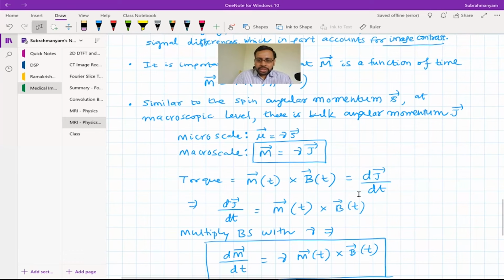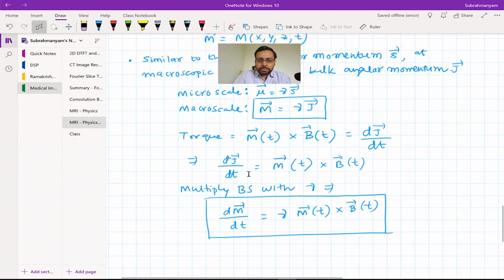Here j is the angular momentum at the macroscopic level, so dj bar by dt is equivalent to torque. How can you give a torque when you are applying a field b bar on a vector m bar? The cross product of them would give you the torque. So dj bar by dt is equal to m bar of t cross product with b bar of t.